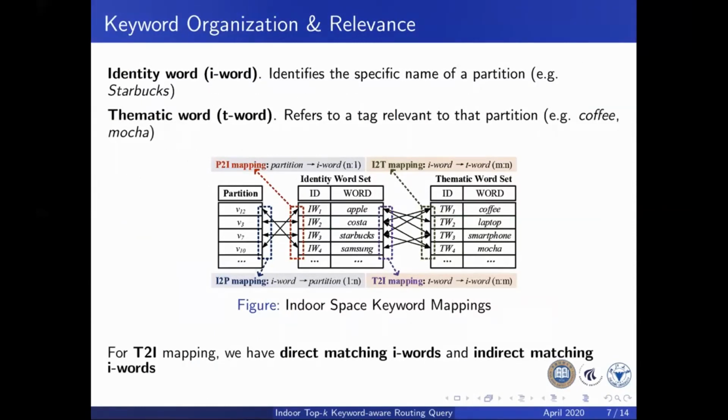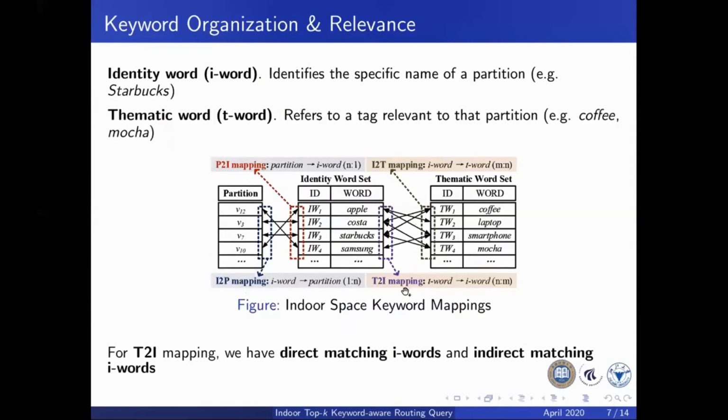Then we can start to find the candidate I-word set corresponding to each query keyword WQ. We denote it as kappa WQ. Each set entry is a pair of matching I-word WI and similarity S, and all the S must be larger than a threshold tau.